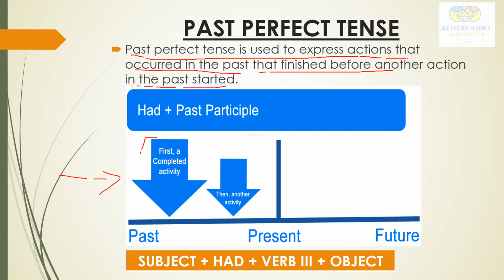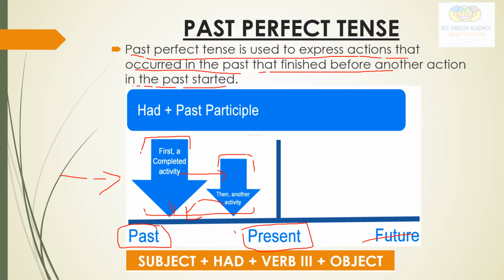This big arrow is for one action and this small arrow is for the other action. Here is past, here is present and here is future. So both the actions are taking place in which tense? Past. But this action is taking place before this action. This is finished before this one, but both the actions are in past tense.